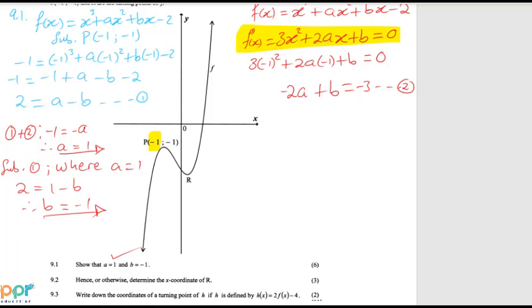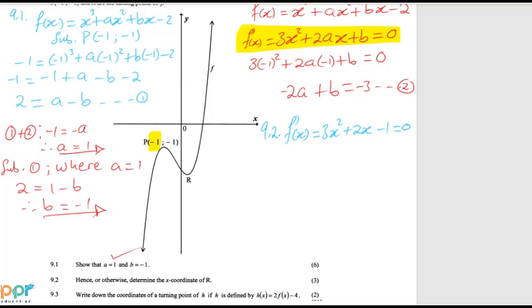Let's do it. This is 9.2. Now, the first derivative: for a I put 1, so 2 times 1 is 2x. For b I put minus 1. So 3x squared plus 2x minus 1 equals 0.